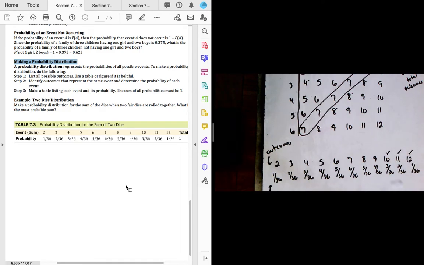So I would take these probabilities that are already known and add those values together. For example, it looks like I would add 1 plus 2 plus 3, and I would get 6 out of 36 as the probability.